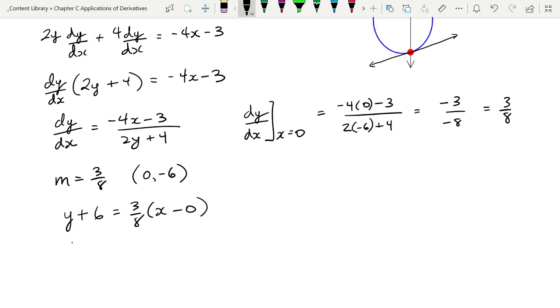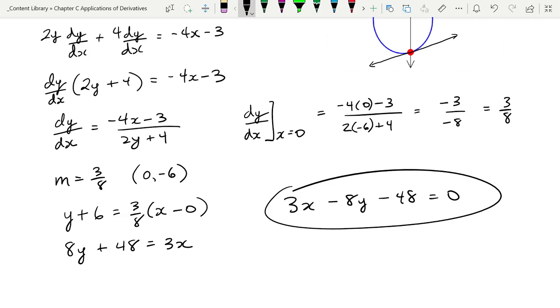Multiply both sides of the equation by 8 if we're going to go to standard form. And 6 times 8 is 48, equals 3x. And so that gives me the final equation, 3x minus 8y minus 48 equals 0. And there we go. Solved.